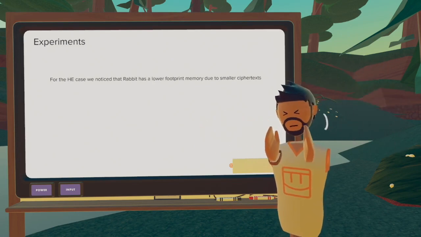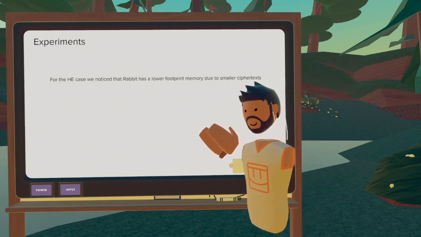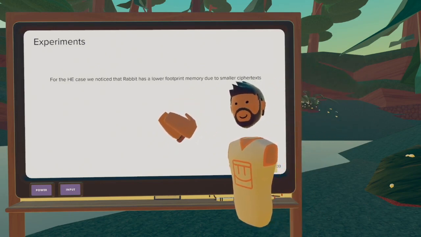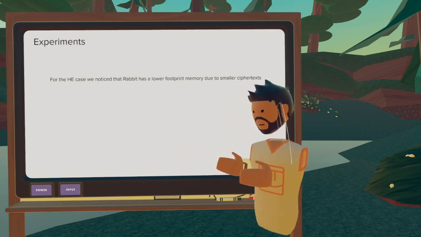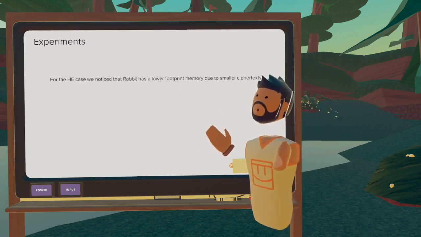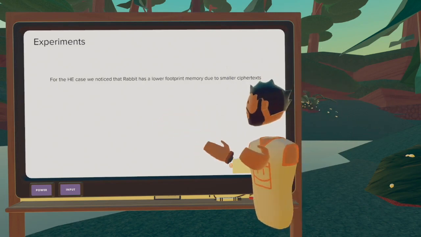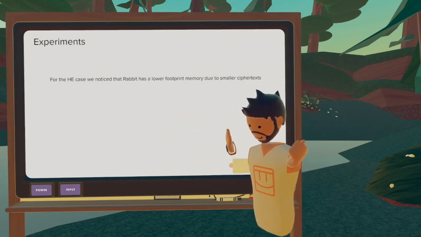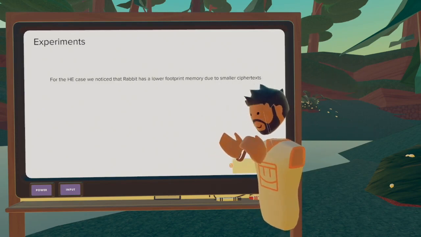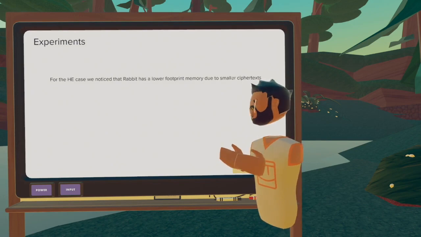Having a smaller plaintext space is gonna give you smaller ciphertexts, and that's gonna give you smaller zero knowledge proofs, a smaller memory footprint of zero knowledge proofs, and that's really nice. So if you have devices which are memory constrained, then we recommend using Rabbit for the field case because the memory footprint is gonna be lower. Because we store less stuff. The underlying arithmetic is done over smaller numbers, basically.